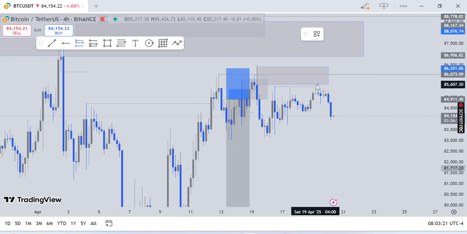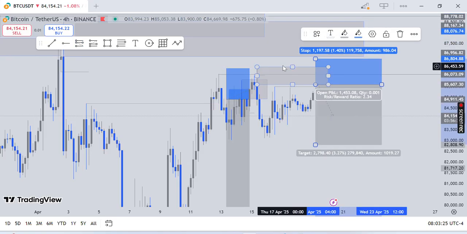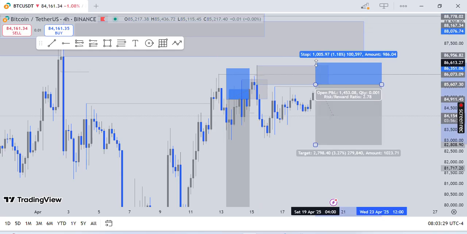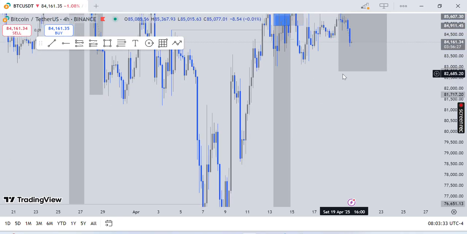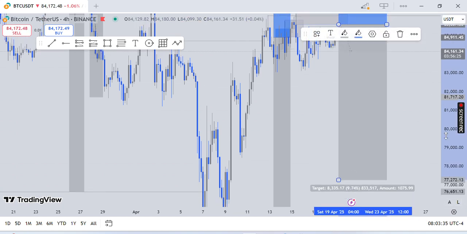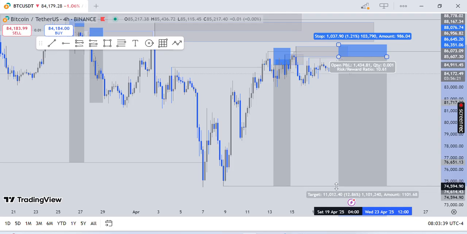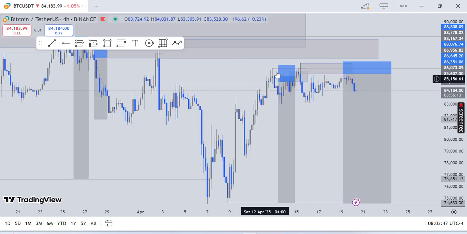This particular place is your entry, your wick, your stop loss above the wick, something like this, and then your target is going to be the same low, unless the market decides to reverse up or something like that. So that is another entry that I didn't take. So here becomes your inducement, and here becomes your entry, right?